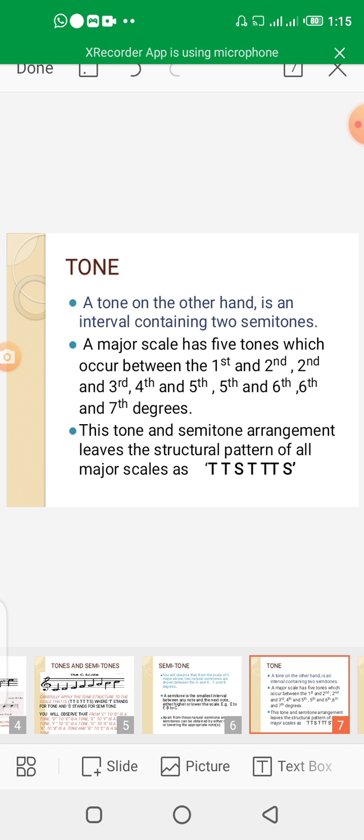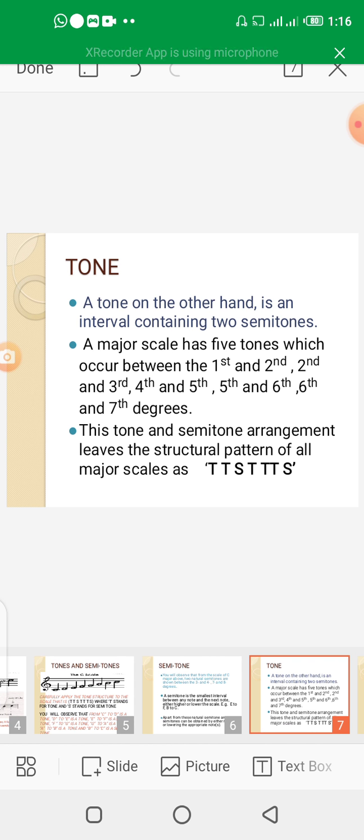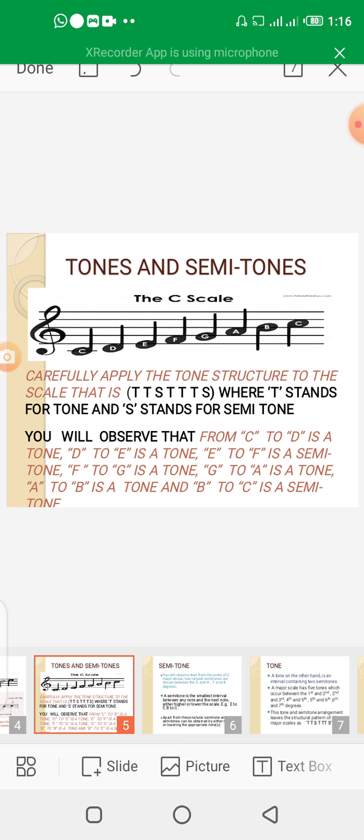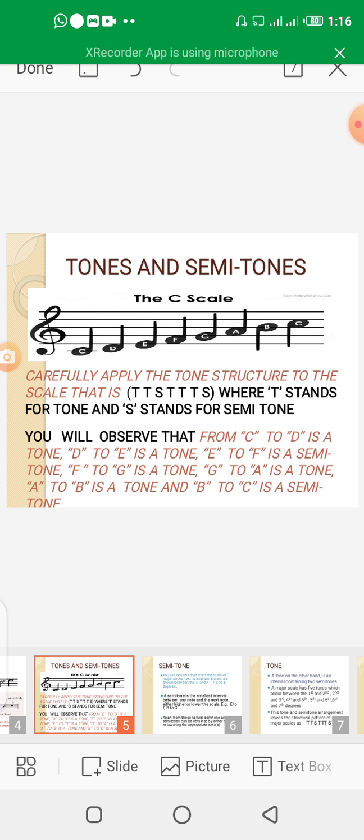That's C to D, the second and the third, that's D to E, then the fourth and the fifth, that's F to G, the fifth and the sixth, G to A, the sixth and the seventh, which is A to B.